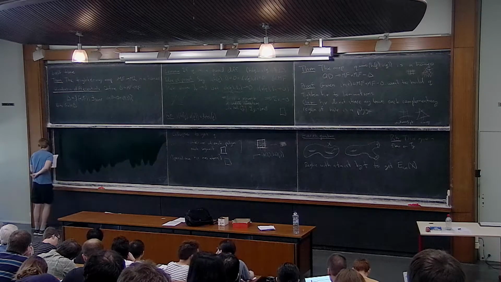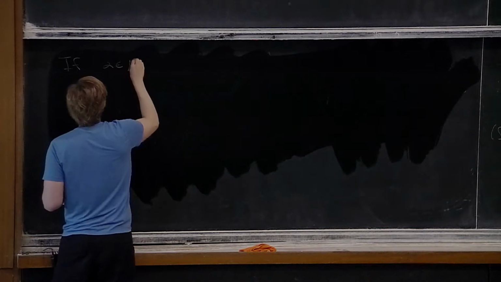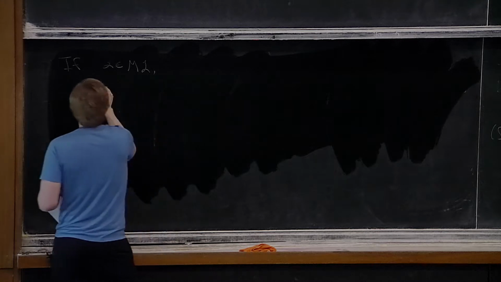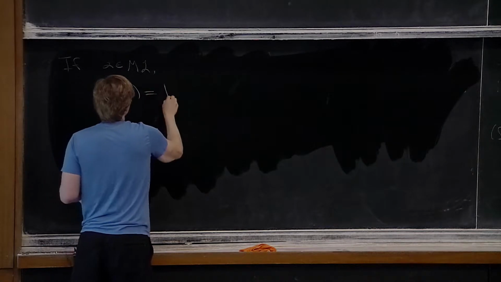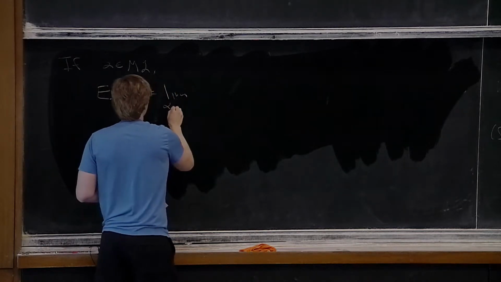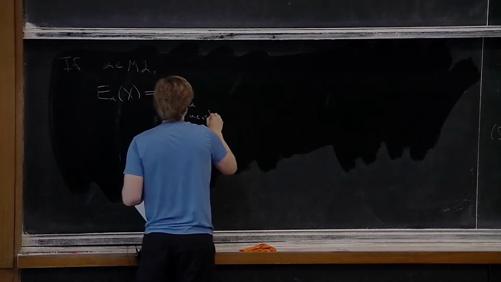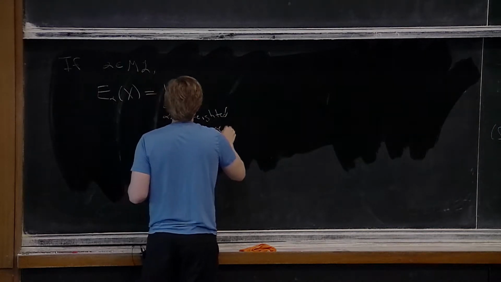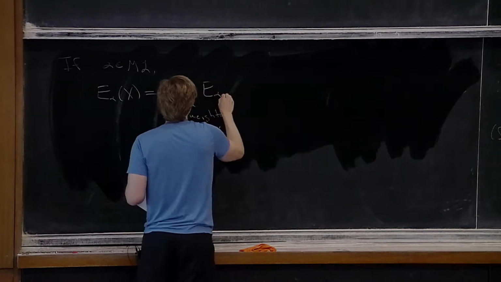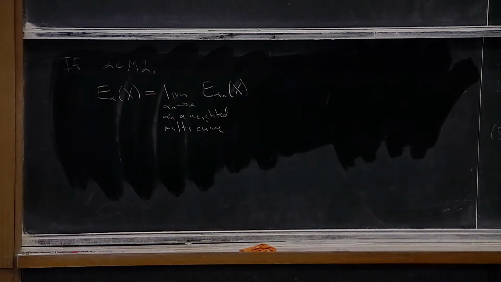So now if I take alpha to be an arbitrary measured lamination, the earthquake in alpha of x is defined to be some limit as I take alpha n converging to alpha, a weighted multi-curve, of the earthquake alpha n of x. Okay, so that's fine. That's a very simple formula.